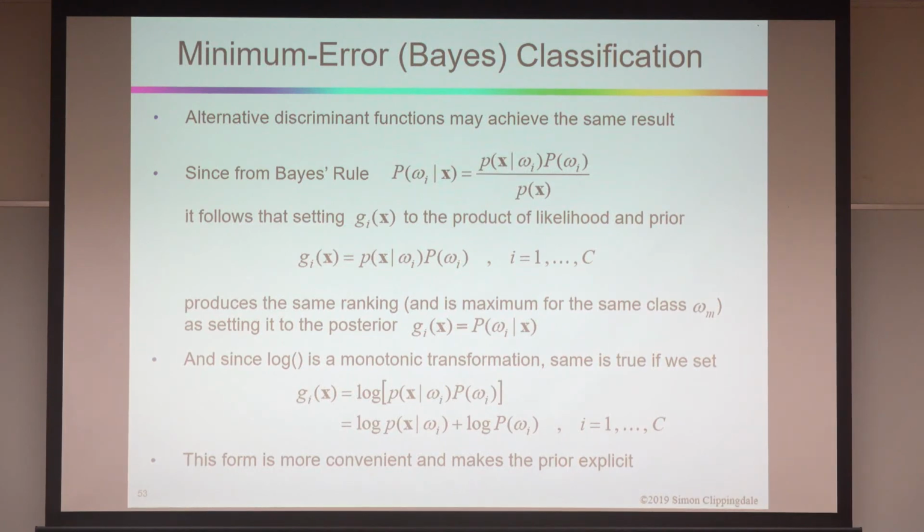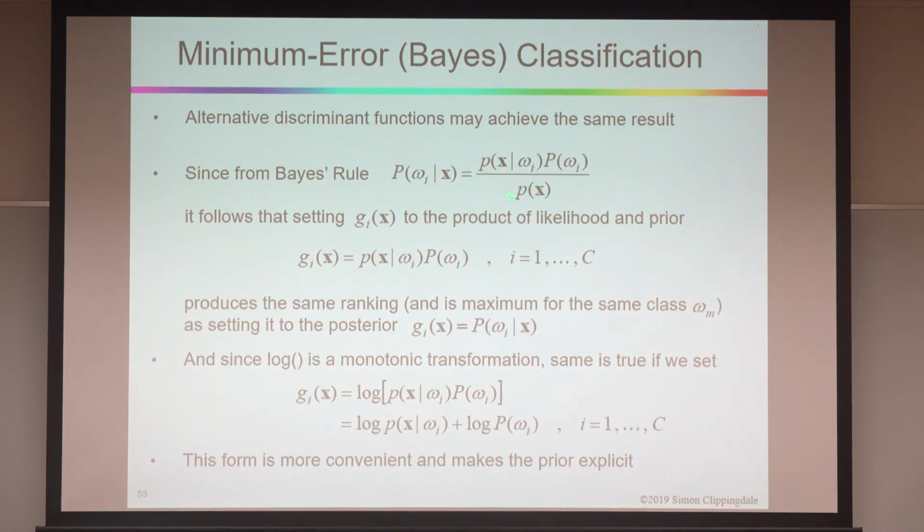That's not unique, though. Although you can guarantee doing as well as you possibly can, there are other discriminant functions that may do as well. One of them is to use, instead of this posterior conditional probability here, you can expand that using this thing called Bayes' rule. So the probability that given a piece of data x, it came from the ith class, can be represented as this fraction here.